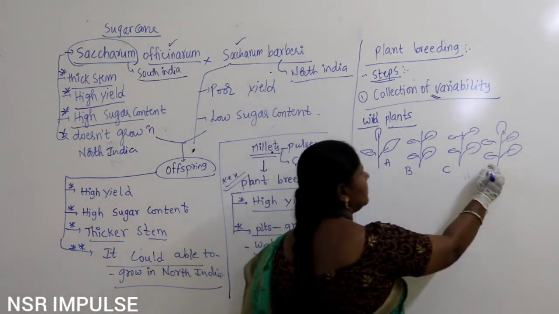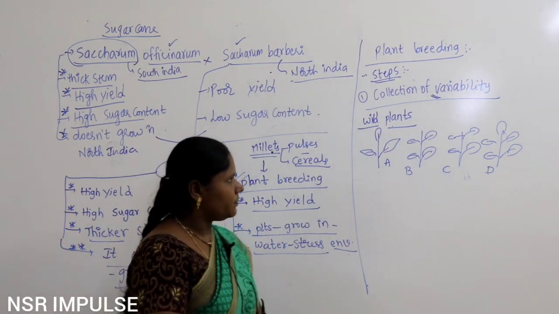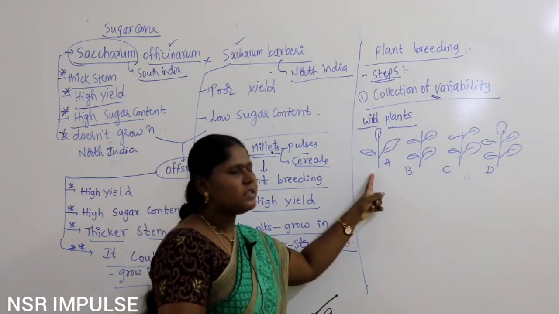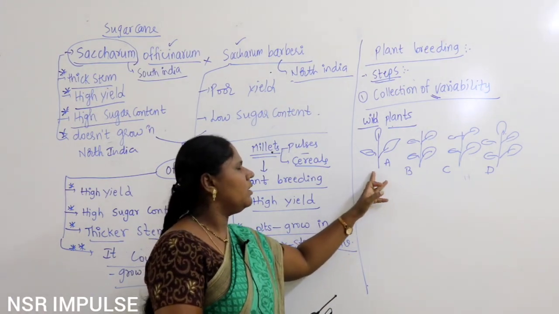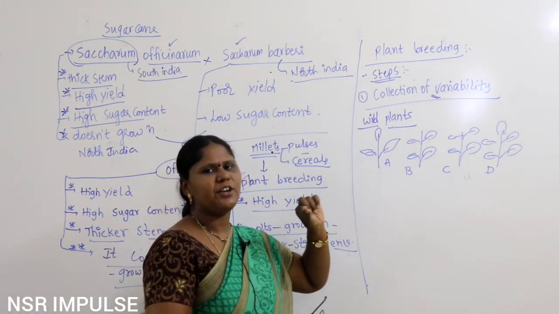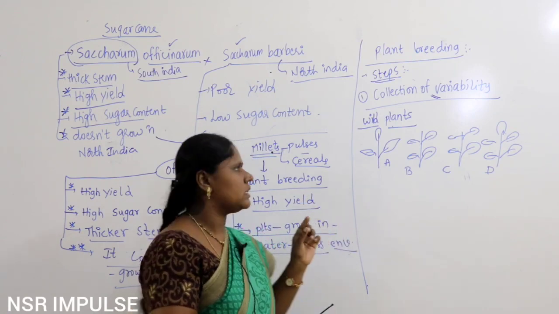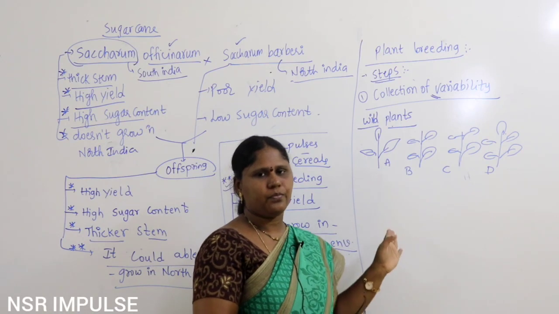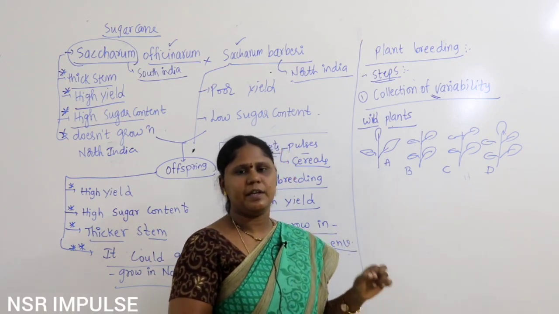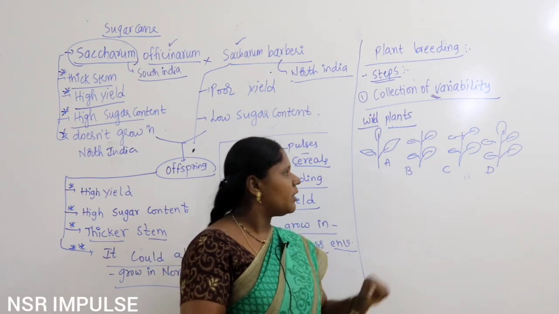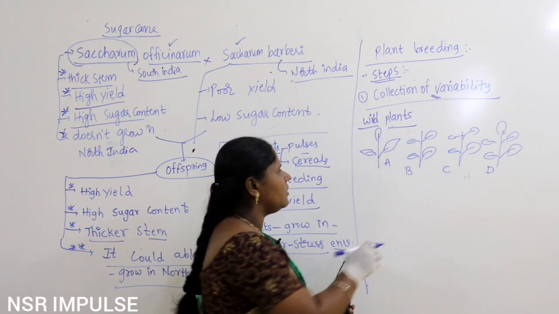Maybe when 10 plants or 100 or thousands of plants have been collected, maybe my first plant has high yield, or maybe it shows very tall rice grains. Let me have very tall rice grains. I do not want this plant. Right. Second one, maybe the rice grain is very tasty, highly nutritional. Maybe I want the second grain. How do I come to know that?